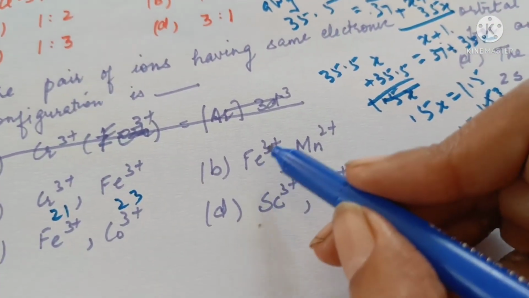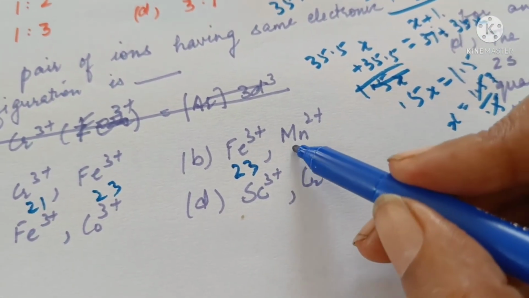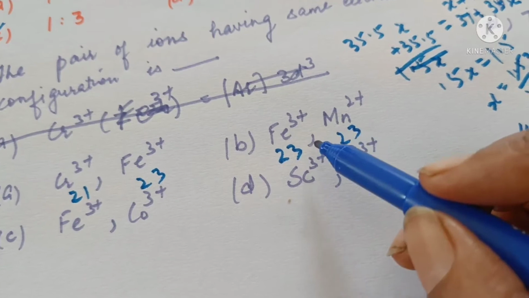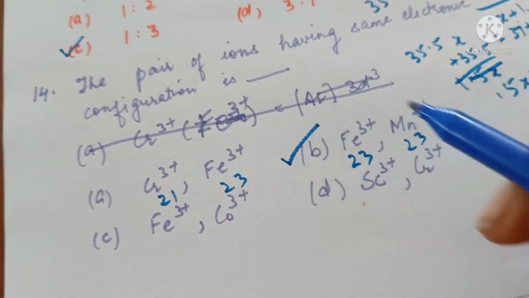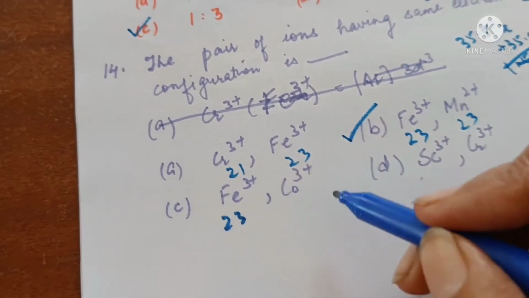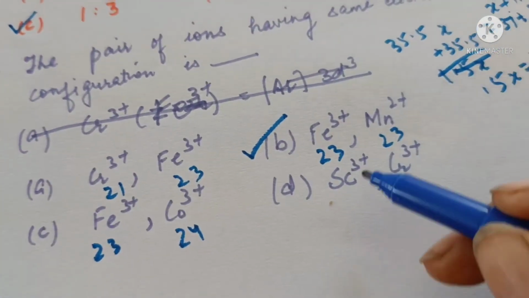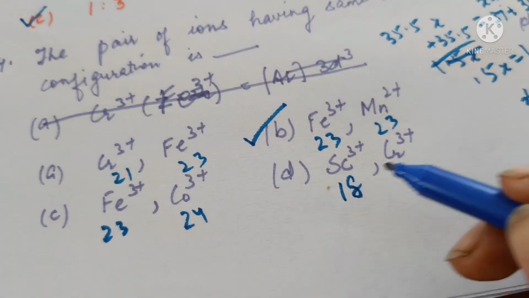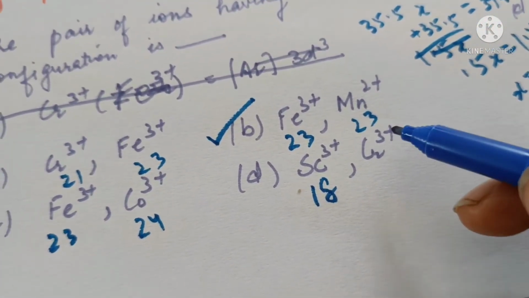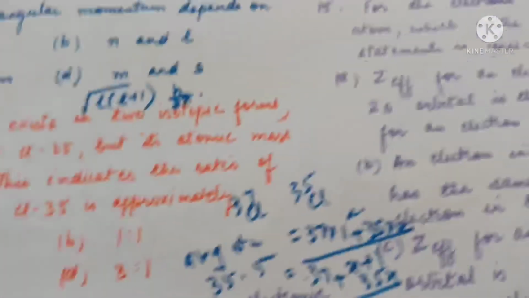Iron 3 positive, 26 minus 3 is 23. 25 minus 2 is 23. These two have the same electrons, hence the same electronic configuration. 26 minus 3 is 23, 27 minus 3 is 24, 21 minus 3 is 18, and 24 minus 3 is 21. So option B is the correct answer.